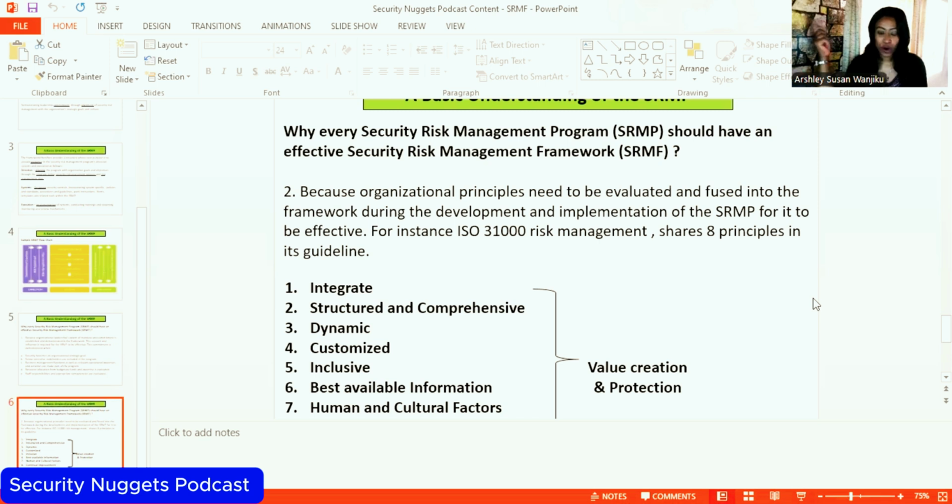Again, the principle of customization, customized, all right? The security risk management program that is being formulated has got to be customized so that it can be proportionate to the specific organization. It has to be customized within the organization's budget. It has to be customized within the organization context.